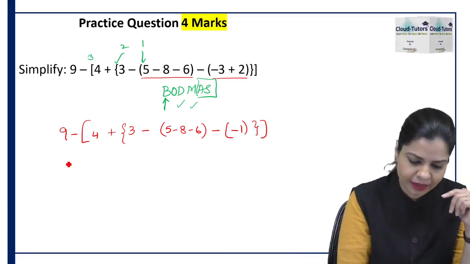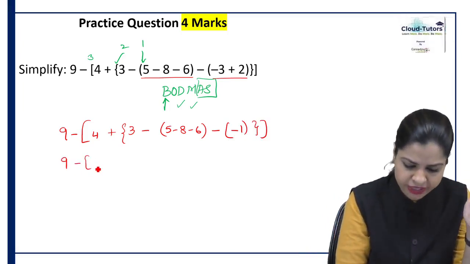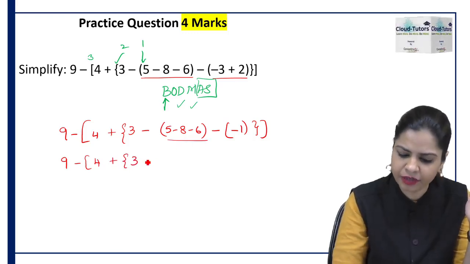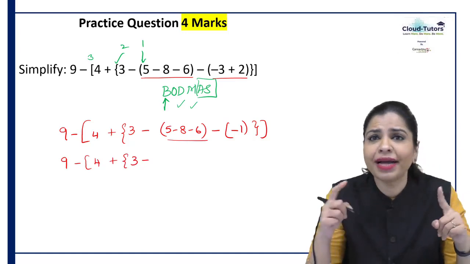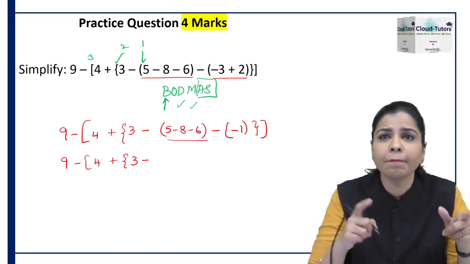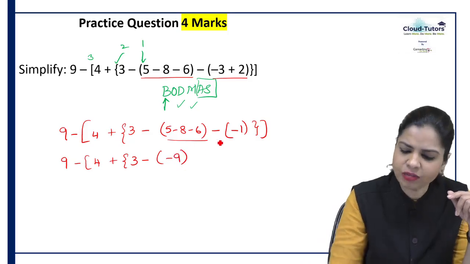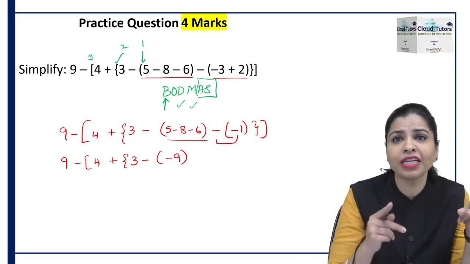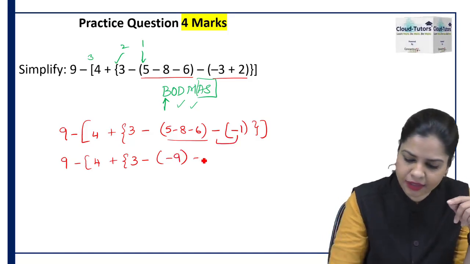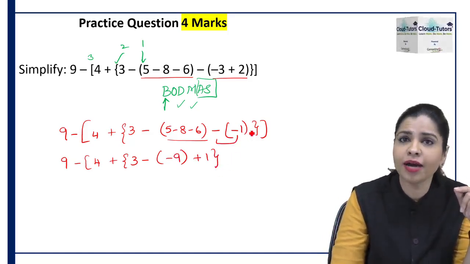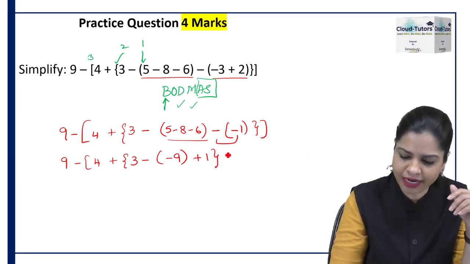Now let's again do the operations. 4 plus 3, expanding this. 5 minus 8, minus 3, minus 3 minus 6, minus 9. Fantastic. And now simultaneously also solve this. Minus into minus is plus 1, right? Now because this bracket is gone, I do not have to write the bracket again.